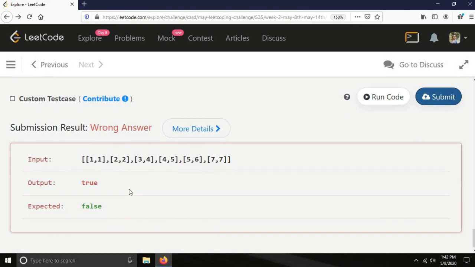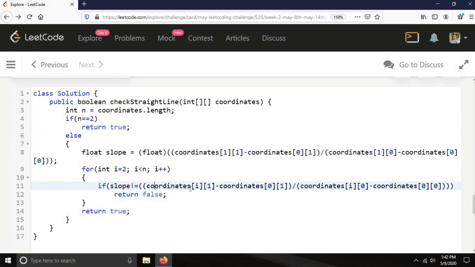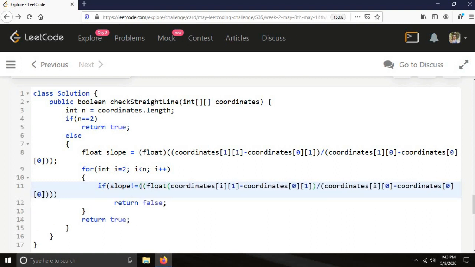Wrong answer. So why it's wrong answer, let's understand it first. Yeah, the wrong answer is because we haven't used the float conversion here. So we have to write float also, because generally when we divide we lose the decimal points, because the variables stored in coordinates are integers, so we have to convert the division into float.